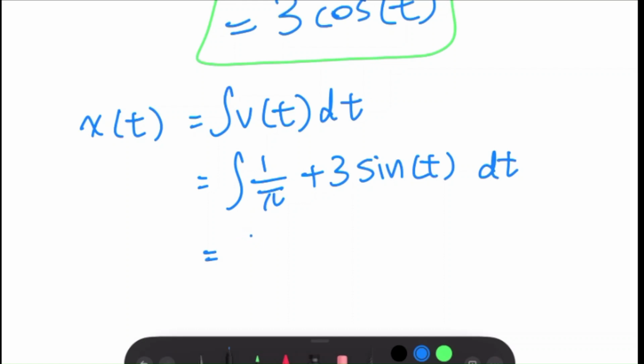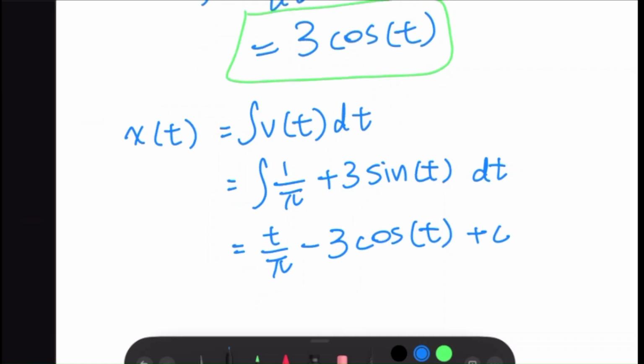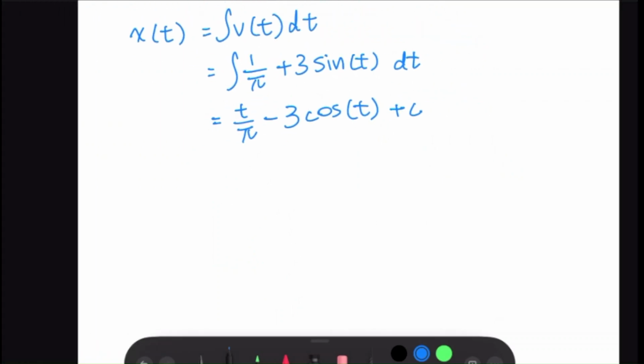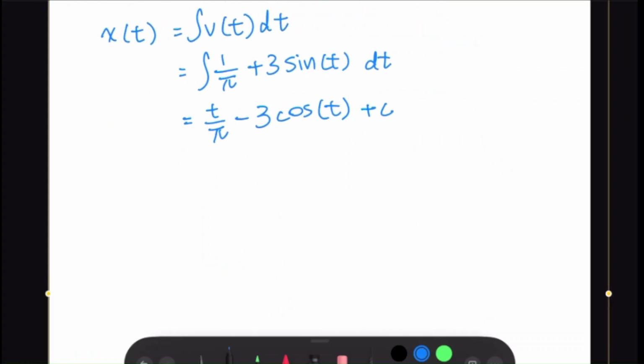So some people ask, how do you integrate a constant? The answer is you just multiply it by the variable, and then this part should be self-explanatory. And then we're left with the plus c, and we need to solve for it.